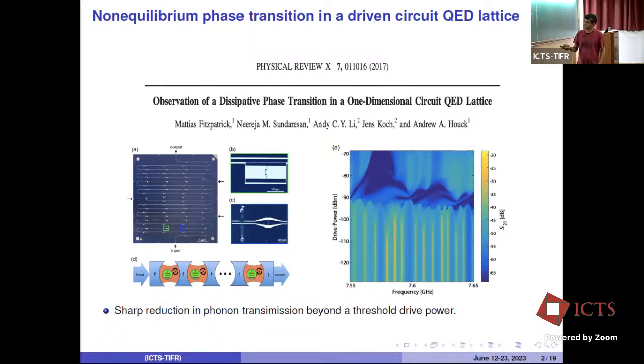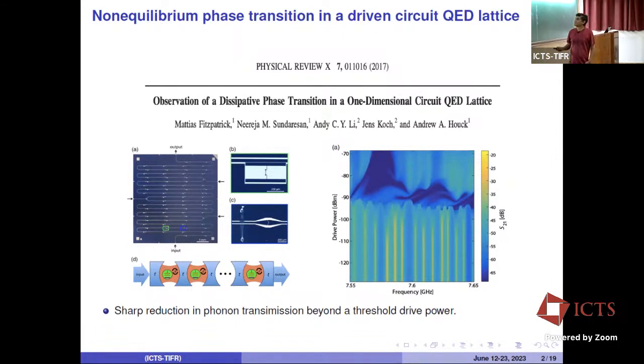It looks like this if you open it up. Each cavity has a qubit, and you send light in at one end and look at the output at the other end. What you can change is the frequency and the amplitude of the light that you send in, and you look at the output amplitude.